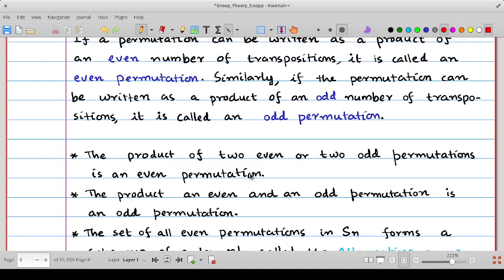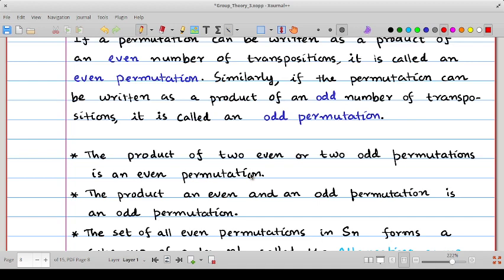And that is quite easy to see, because an odd permutation will have an odd number of transpositions. So if you take the product of two odd permutations, the first permutation will have an odd number of transpositions, and the second one will also have an odd number of transpositions.